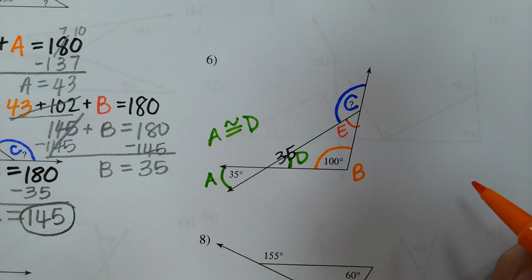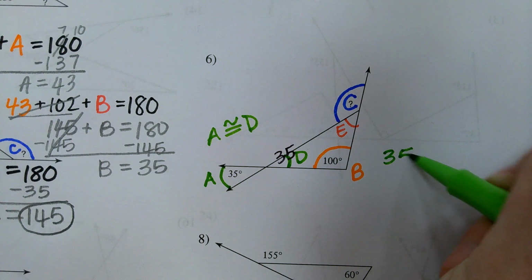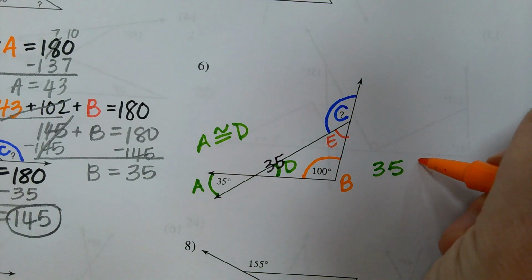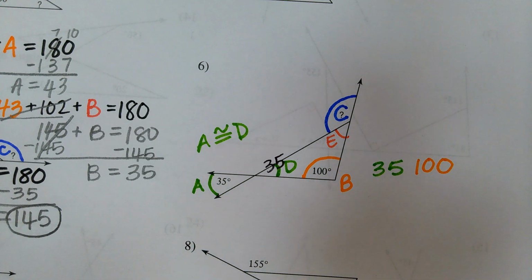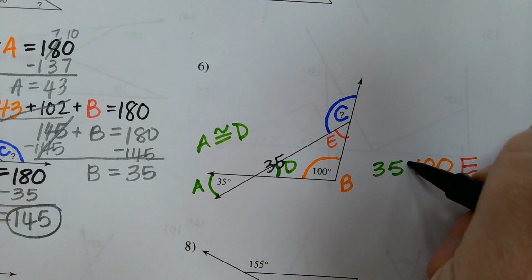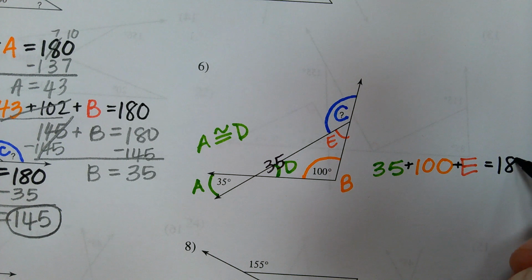35 plus 100 plus E equals 180. Yeah, 35 plus 100 plus E equals 180 degrees. Okay.